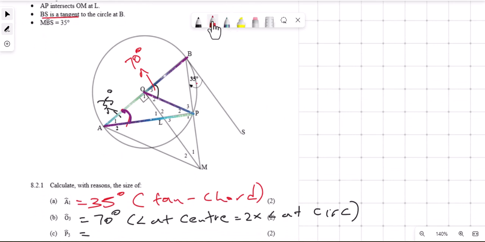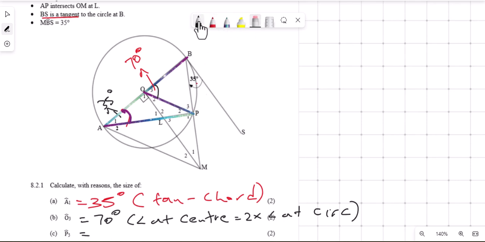P3. We cannot say the exterior angle. Exterior angle of what? Triangle OAP. You still need O2 before you use that. Can I intervene? Don't forget the radius.